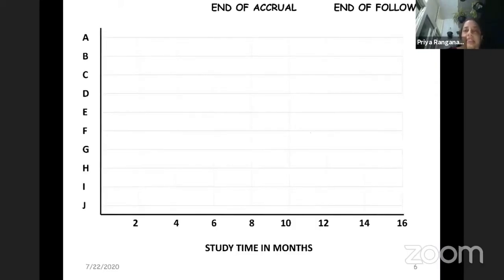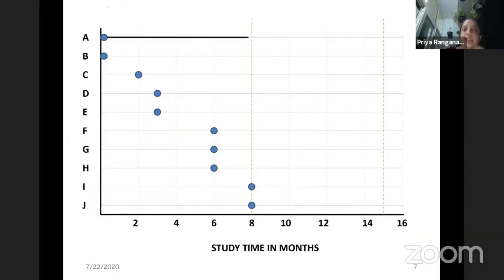You decide to do a study where for the next 8 months, all patients who undergo breast conservative treatment will enter your study, and you decide the study is going to end after 15 months, right? So patients enter the study at different time points depending on when they get operated. And so you have a total of 10 patients who have entered the study. All of them have undergone BCT, and you start following them up.